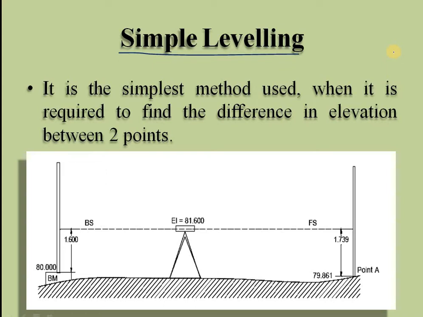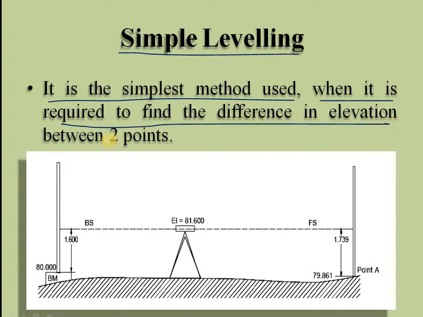Coming to simple leveling, the definition is: it is the simplest method used when it is required to find the difference in elevation between 2 points. Remember, this is used for the differences between 2 points.